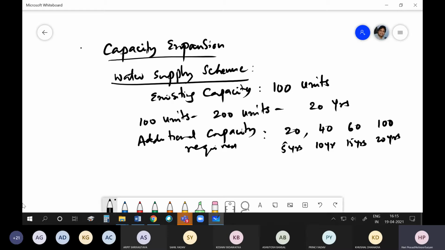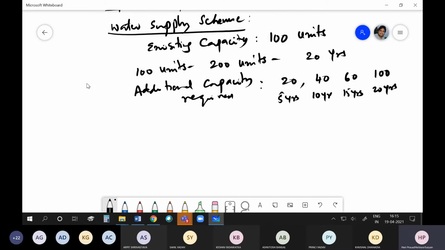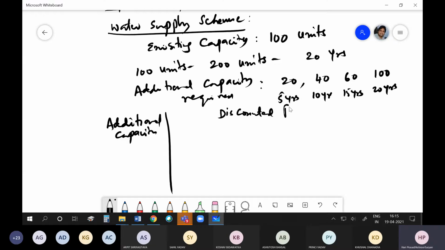So the cost is the discounted present worth of increasing this, additional capacity 0, 20, 40, 60, 80 and 100.